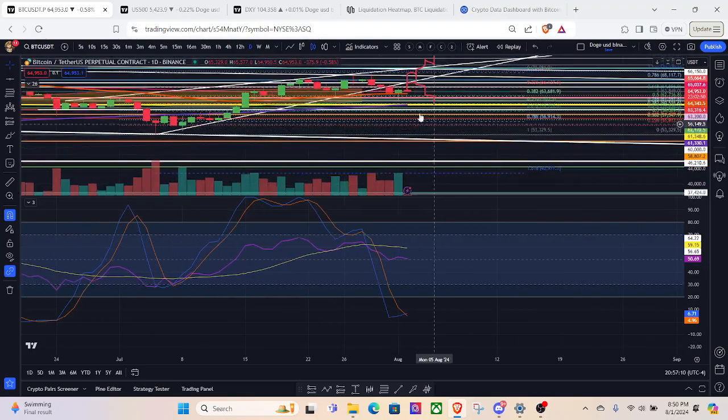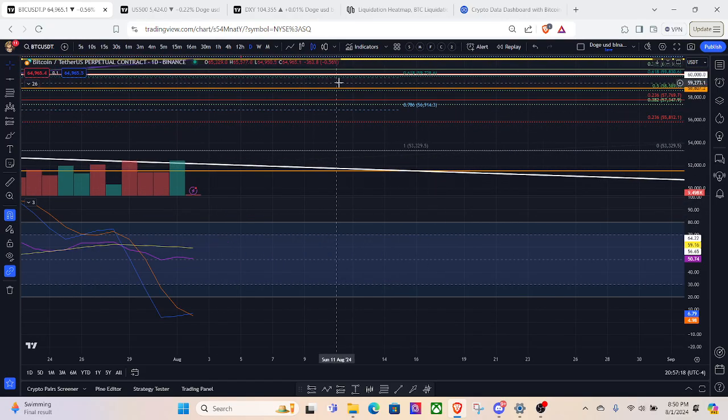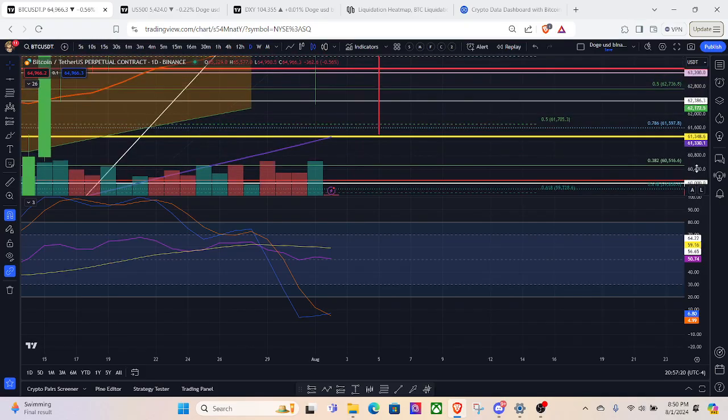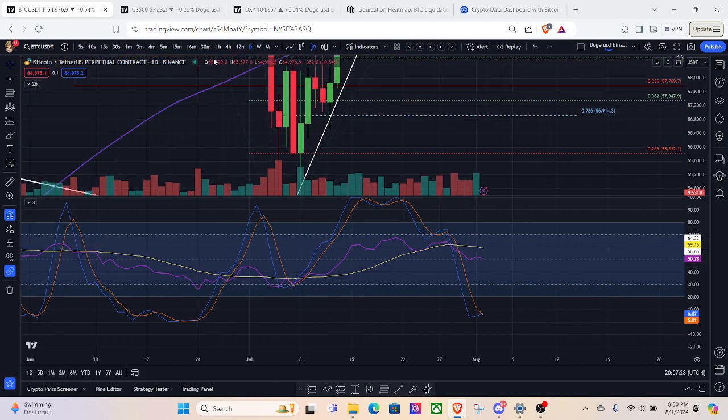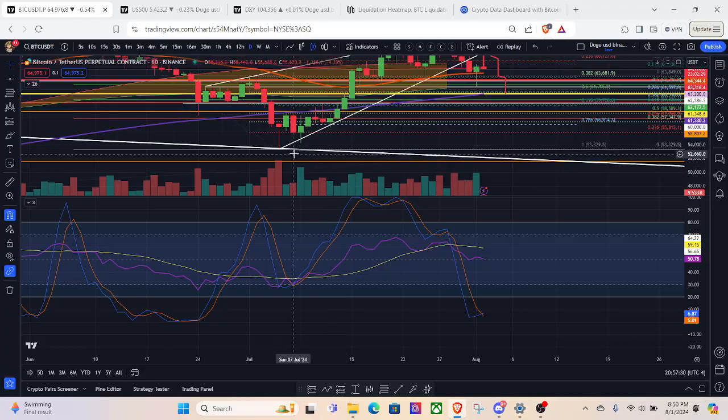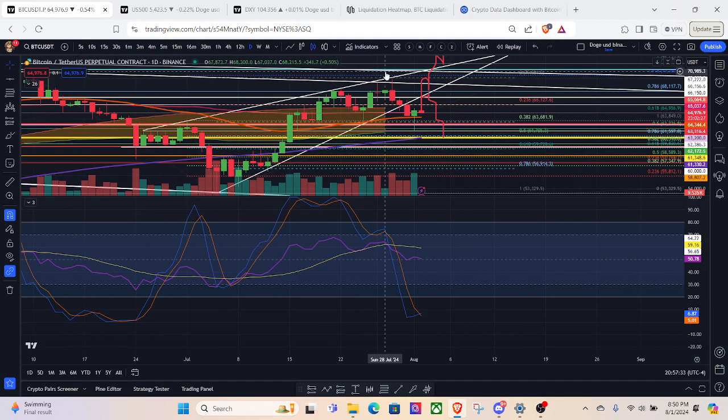In the case where we don't and we continue to break down from here, maybe it does go up just for a bearish retest and continues to break down. I would see around 60K as being probably the first stop. This is a 618 level that was drawn from this local bottom here to the top, the recent top that we just put in.